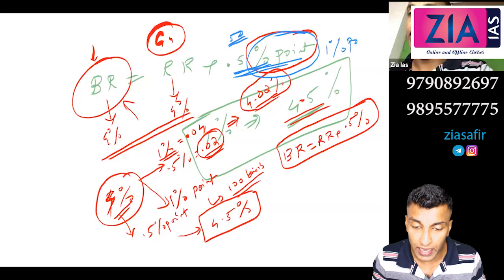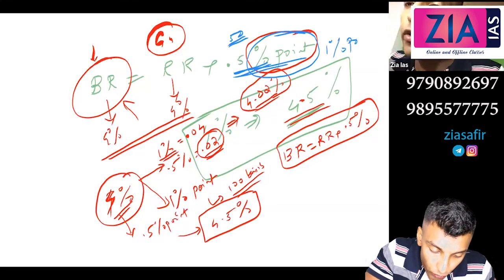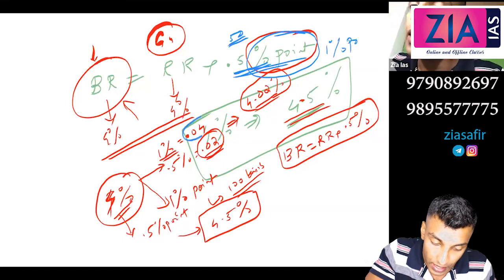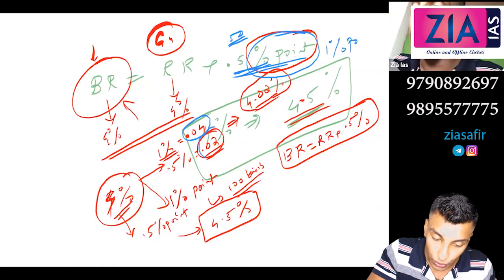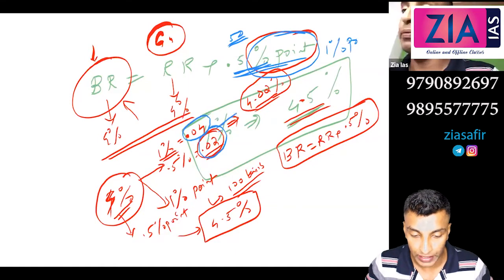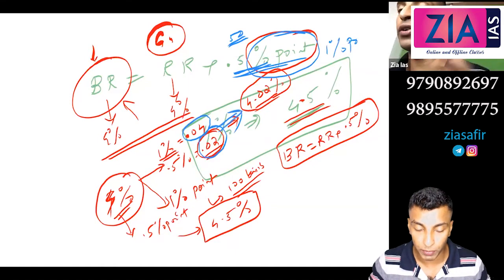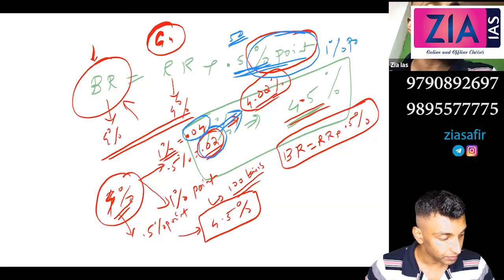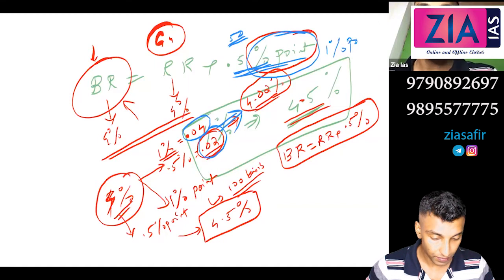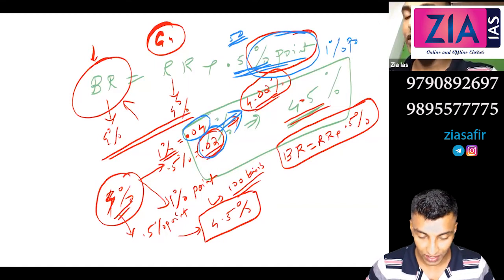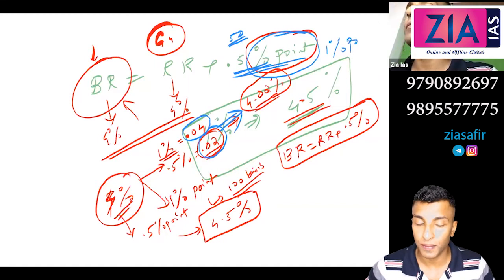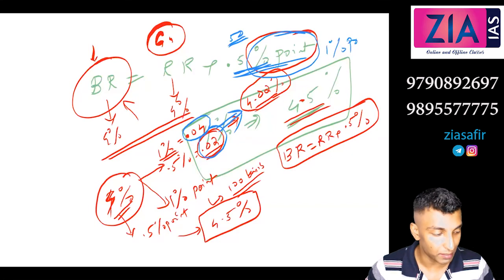But if I am simply saying 1%, you need to find what is 1%. This is 1%, this is 0.5%, so this will be the actual value. But that's not the case here. Here we are talking about percentage point. Clear? Is there any confusion? Say something.